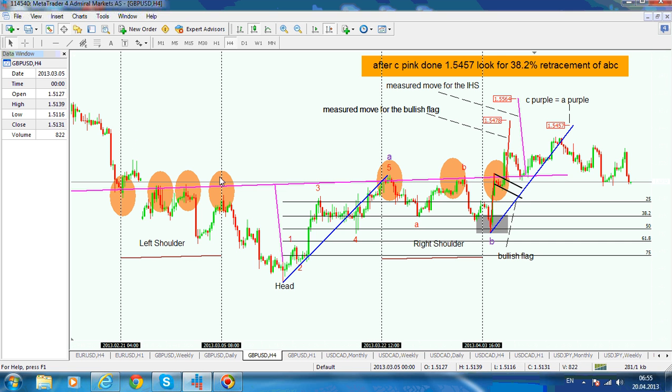So you just take two vertical lines, measure the time here, and project it on the right side, and the amplitude, which is something like this, you project here. So you have another clue when to step in to buy, besides the Fibonacci retracement tool that you have here.